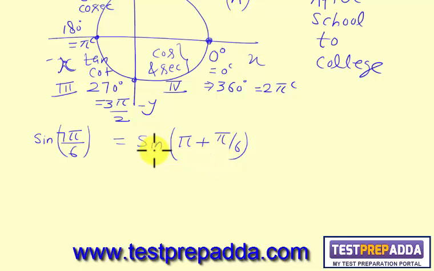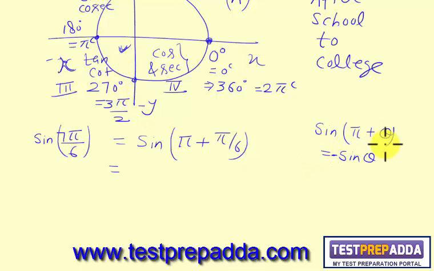Now, as we have discussed, sine pi plus theta will be minus sine theta because in the third quadrant, sine is negative. Only tan and cot are positive.